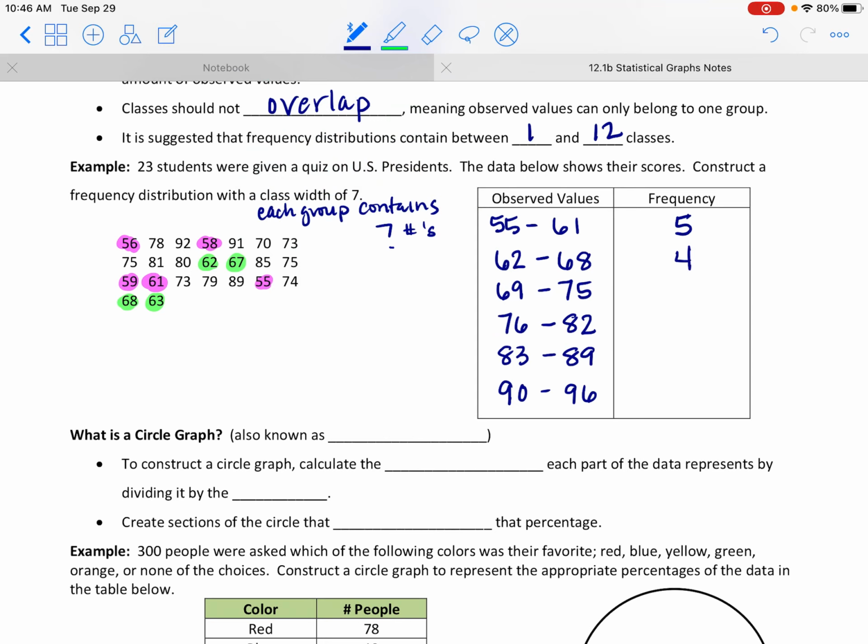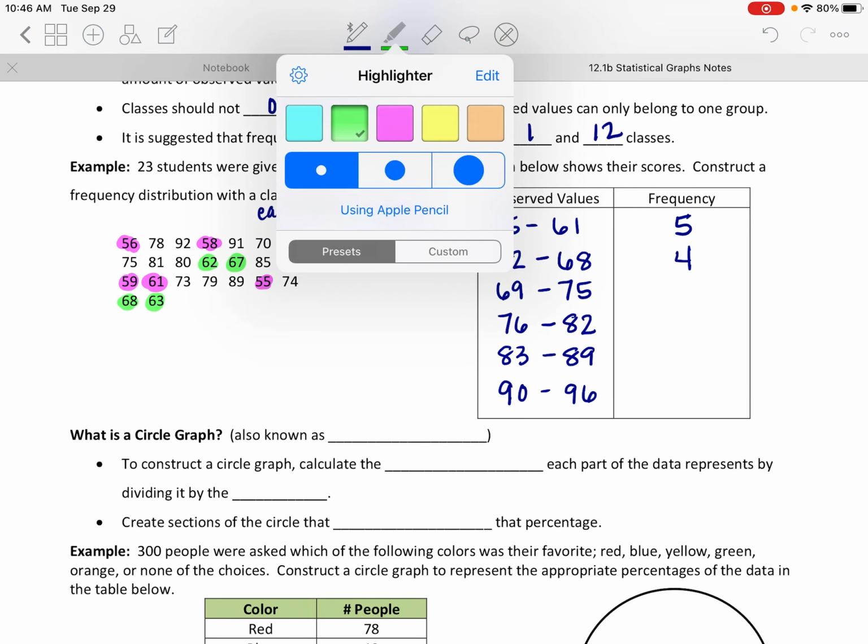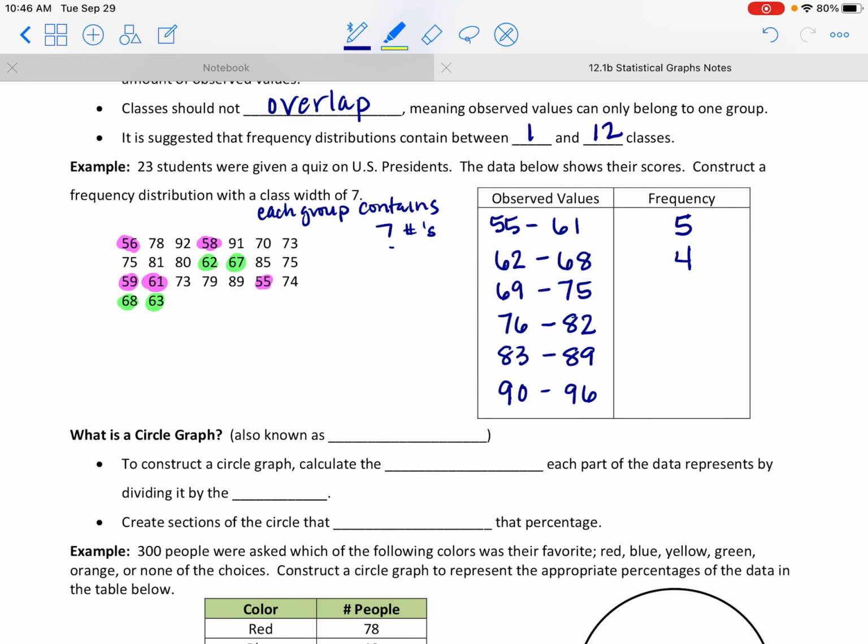Now we're going to go 69 to 75. And I think that covers it. So we've got 1, 2, 3, 4, 5, 6 there in the yellow. So 6 in that one.